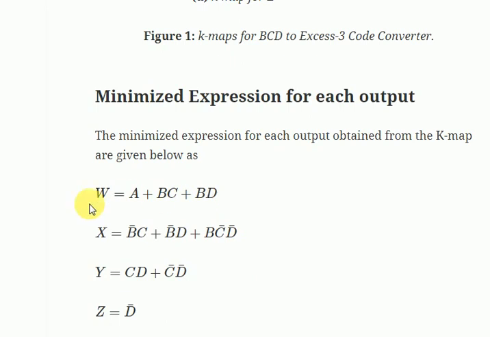The output W is obtained in the form of sum of product, SOP: A plus BC plus BD.